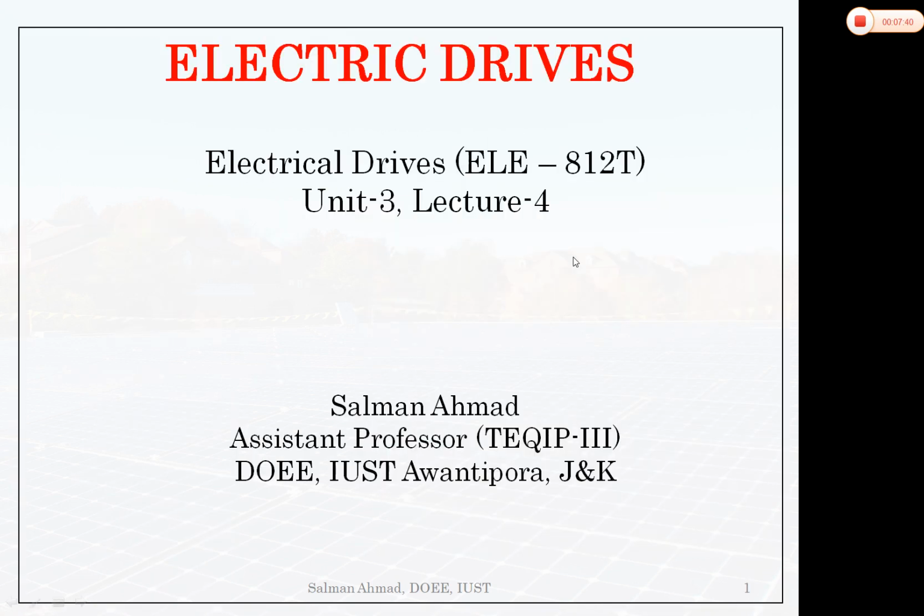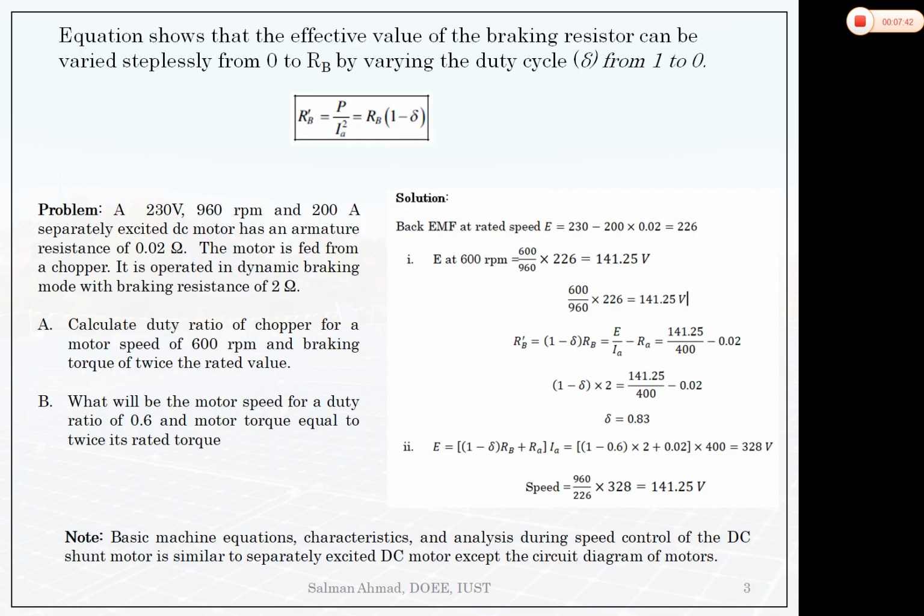Substitute the back EMF value, that is 141.25. The armature current you have to take double, because the problem says braking torque of twice the rated value. So the armature current we have to make twice.